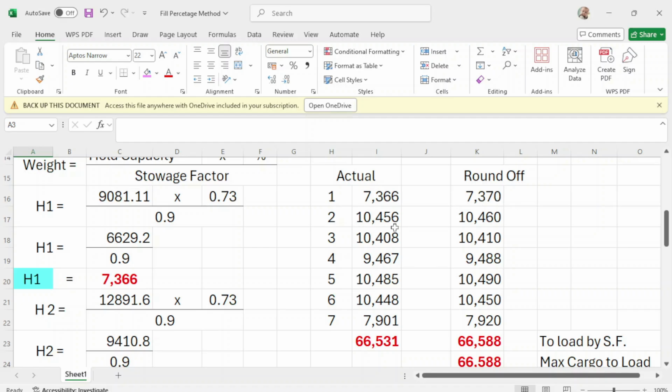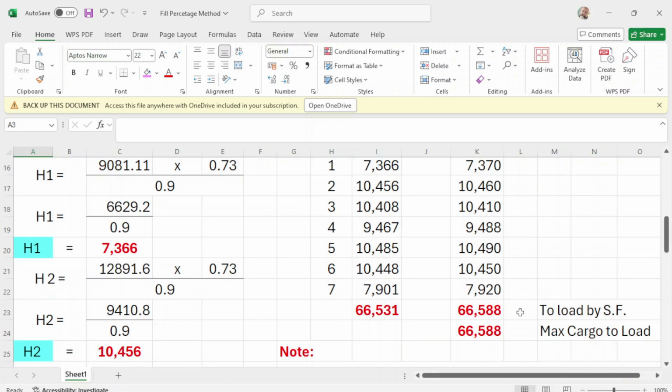Number 2, from 10456 you make it 10460, and number 3, from 10408 you make it 10410, and number 4, from 9467 you make it 9488, and number 5, from 10485 you make it 10490, and number 6, from 10448 you make it 10450, and number 7, from 7901 you make it 7920, for a total of 66588, and this is the maximum cargo to load. They are now the same.